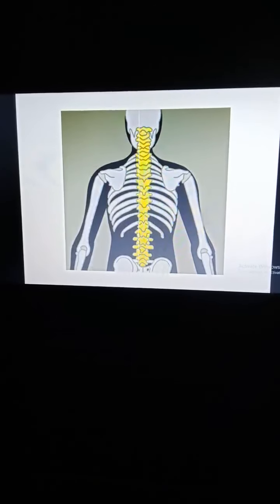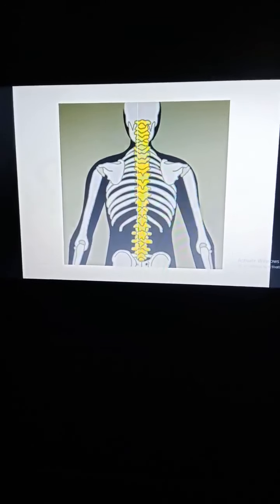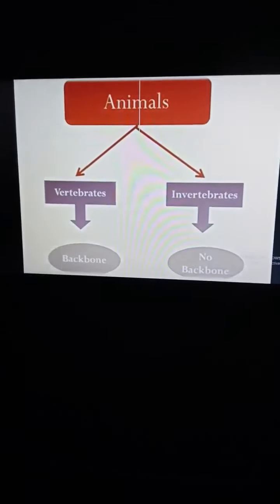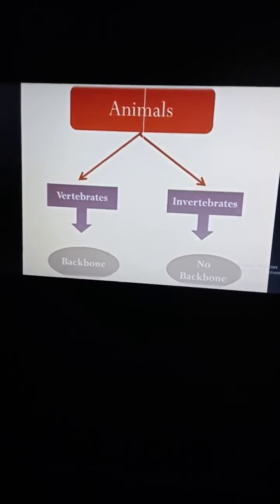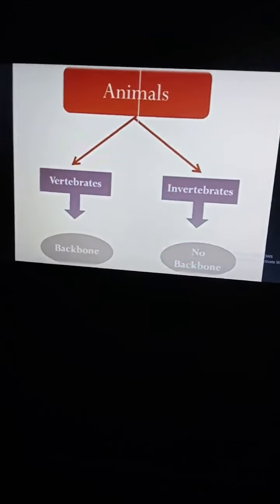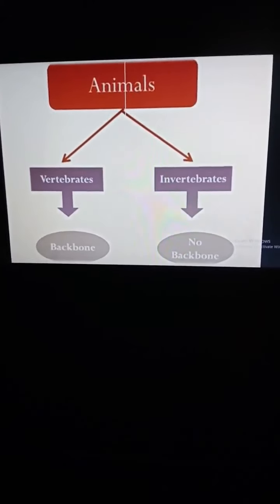So let's explore some animals by the internal structure of their body. According to this feature, we can classify them into vertebrate animals and invertebrate animals. Vertebrates are the animals which possess an internal skeleton plus this backbone.